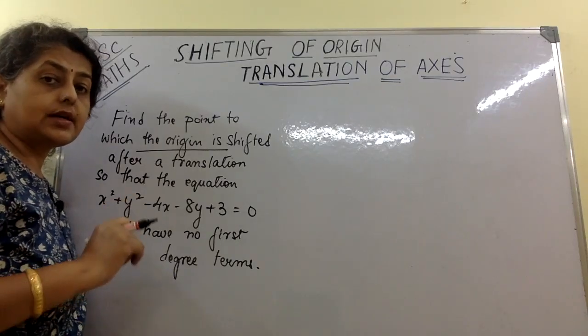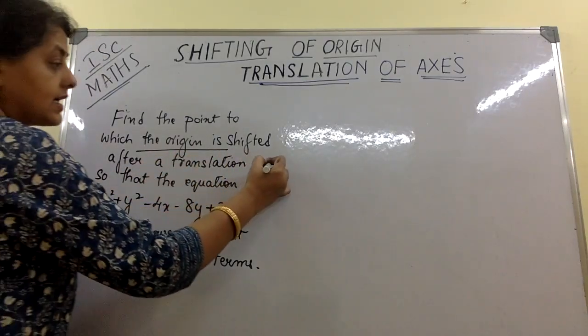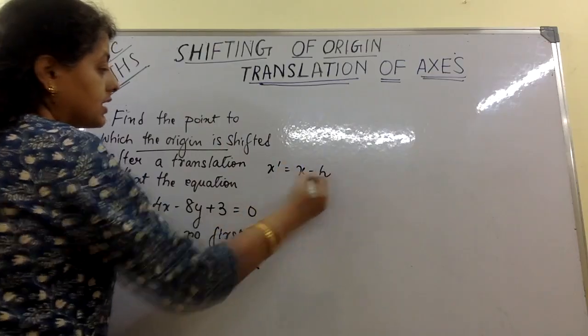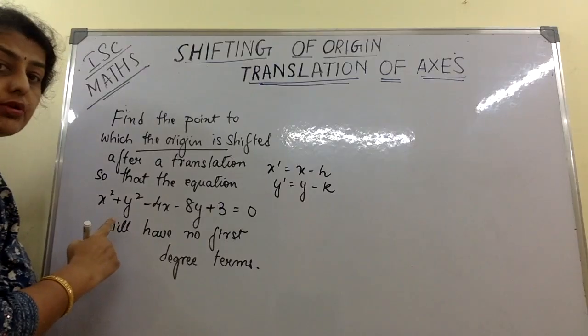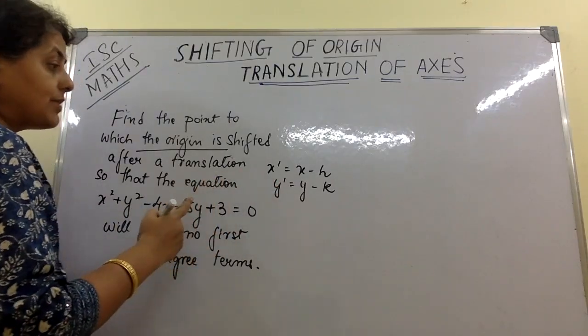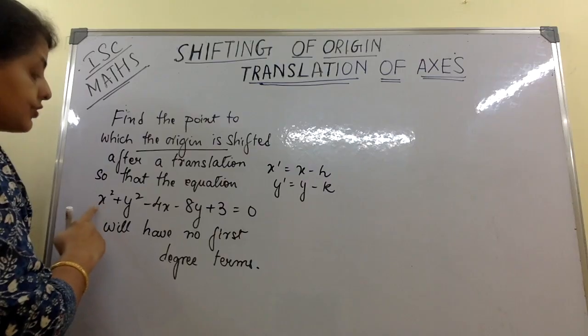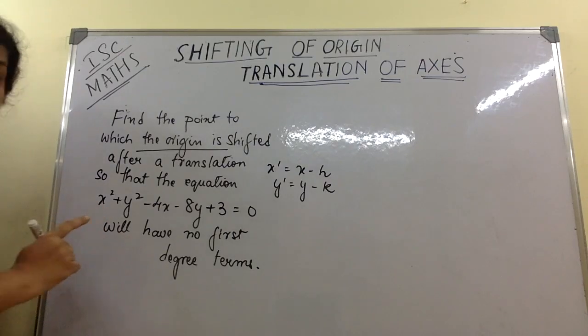So let us start. Here x dash is equal to x minus h and y dash is equal to y minus k. Now what happens? I am going to substitute everything in this equation.